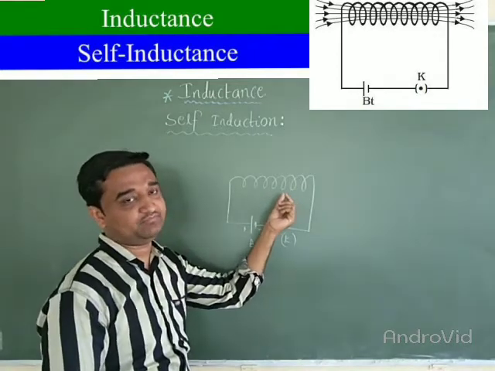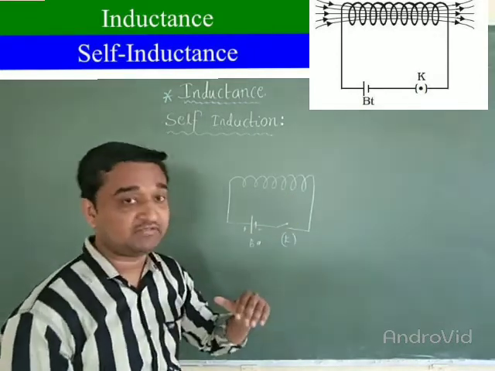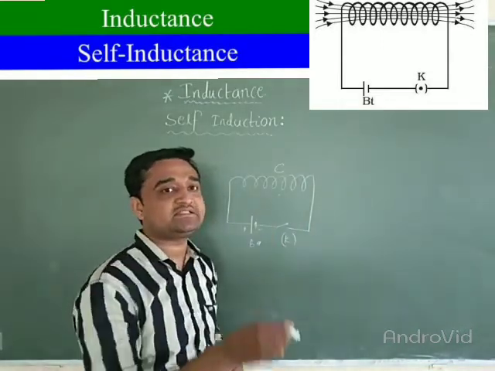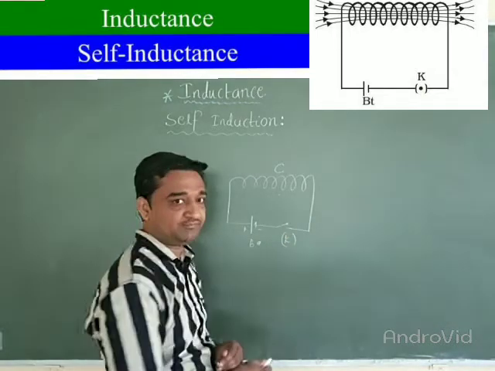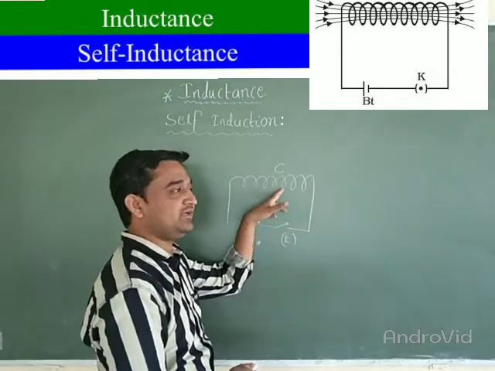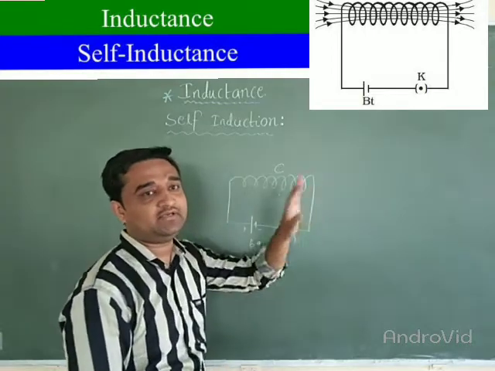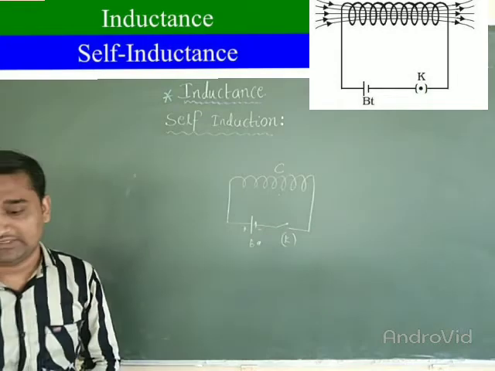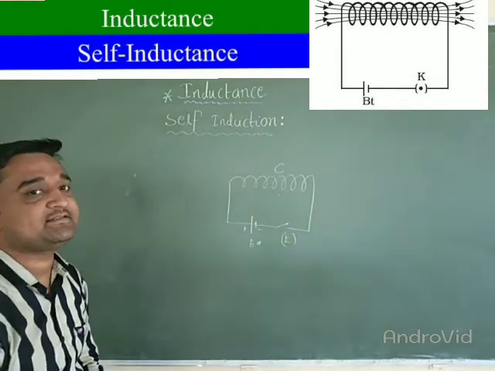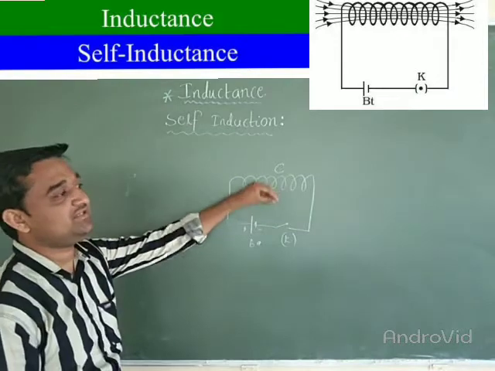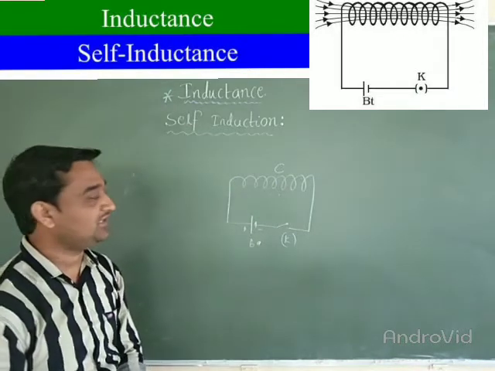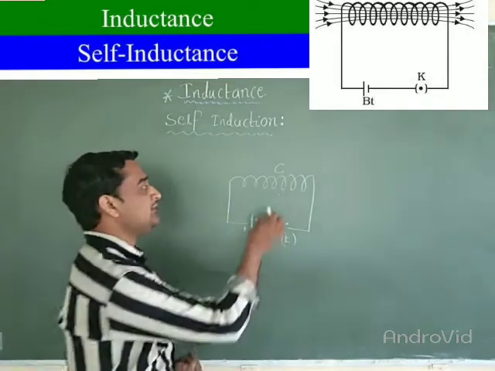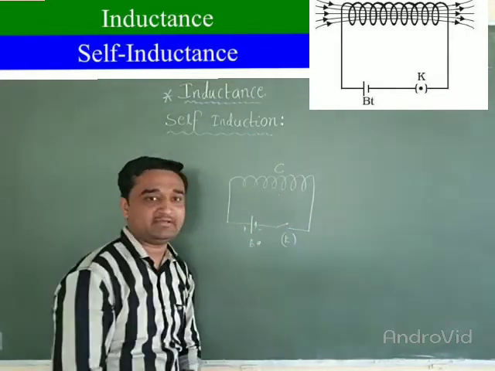This is called self-induction: the phenomenon of induction of EMF in a coil due to the change of current in the same coil. The coil current changes, and EMF is induced in the coil, right? That induced EMF opposes the growth of the current.